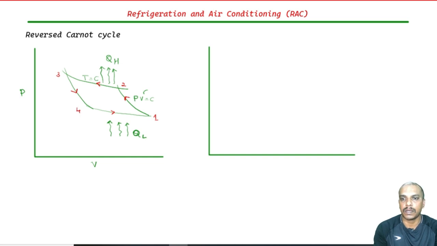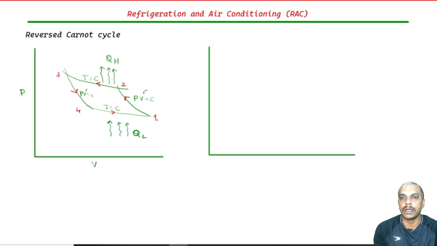So, 1 to 2 is compression, then 2 to 3 is heat removed from the refrigerant or heat added to the higher temperature reservoir. 3 to 4 is expansion, then 4 to 1 is the process where heat is removed. So, again these two are reversible adiabatic processes and these are again constant temperature processes.